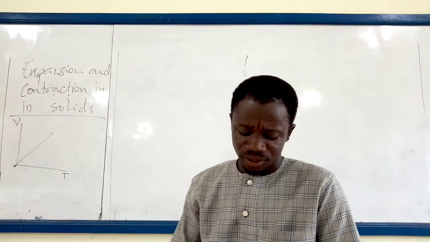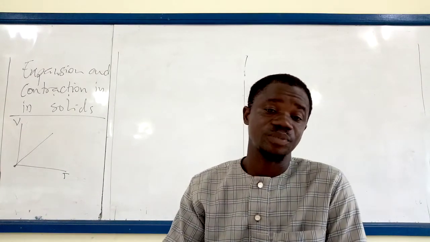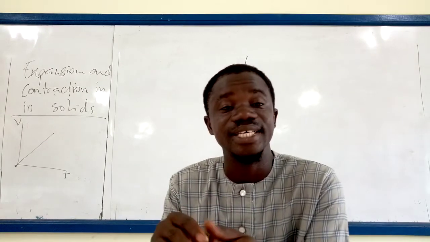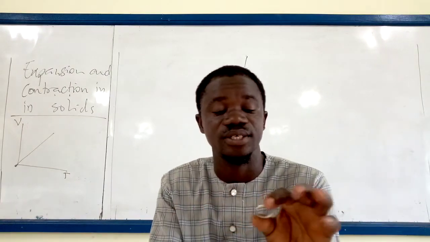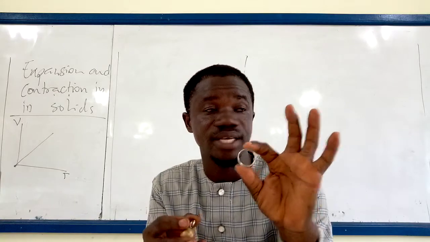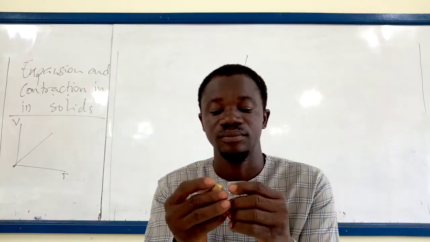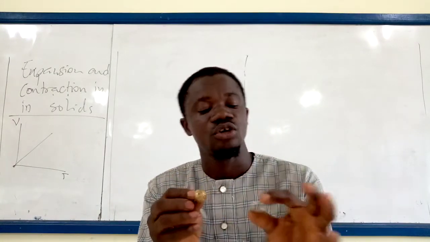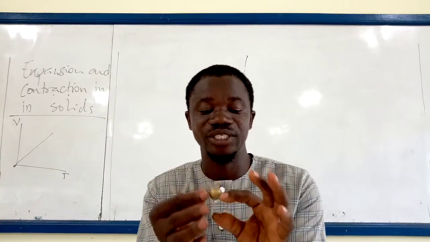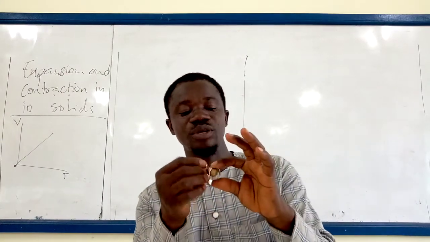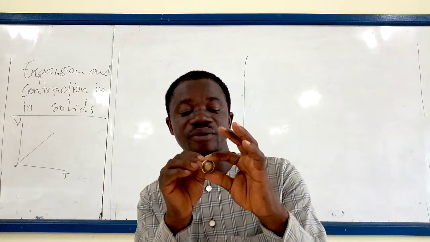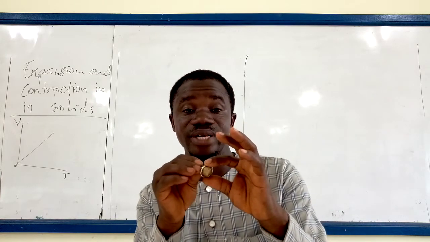Good. So you can be asked to describe a simple experiment to show that metals expand when they are heated and contract when they are cooled. To do this, you need a metal ring and a metal ball. At the same temperature, the metal ball should be able to just slip through the ring, so you shouldn't have a lot of gap around it.